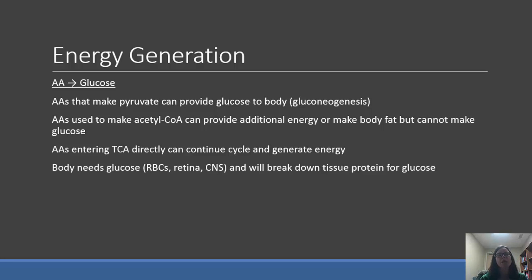And as we know, we need some glucose for tissues that can really only utilize glucose, such as our red blood cells and our central nervous system. And once amino acids are degraded, they can have products that can enter the TCA cycle directly and continue to produce energy.